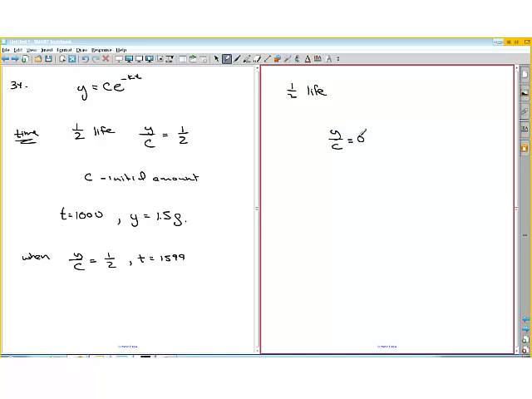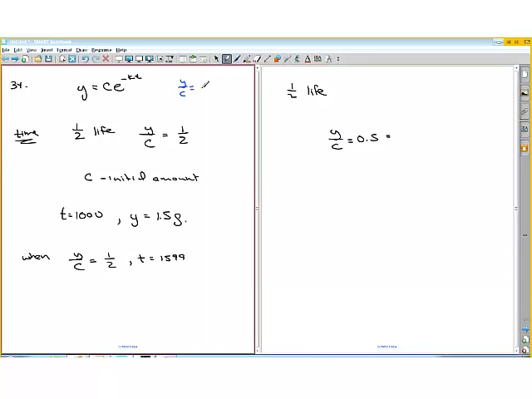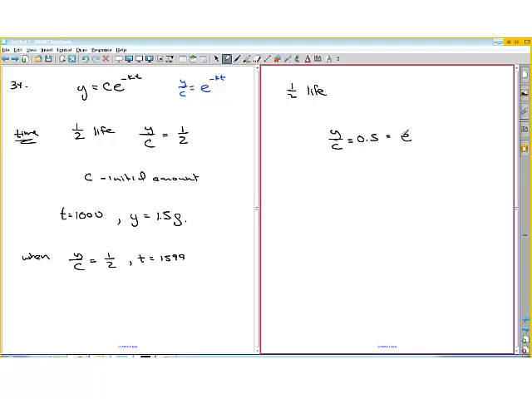If I divide the original equation by c, y over c is equal to e to the minus kt. So 0.5 is equal to e to the minus kt, where t is equal to 1,599 years.